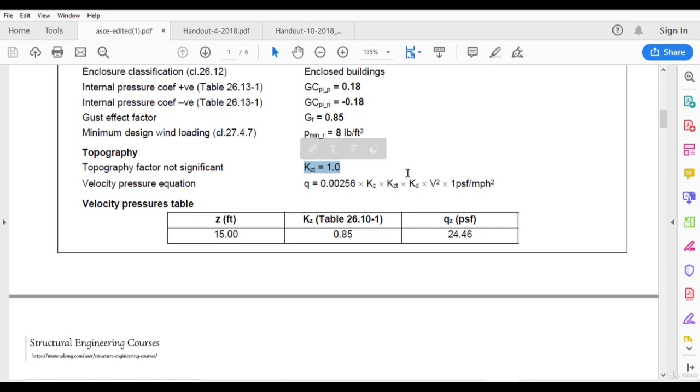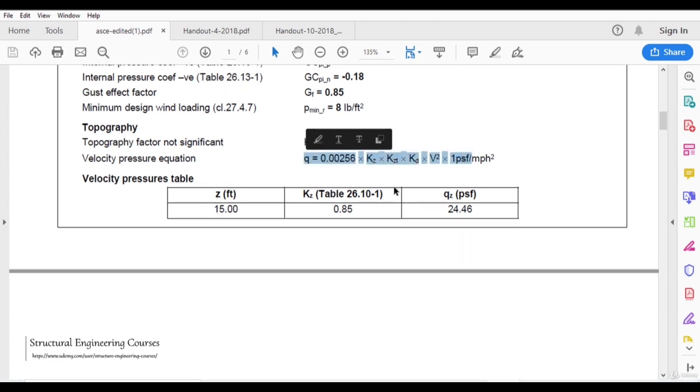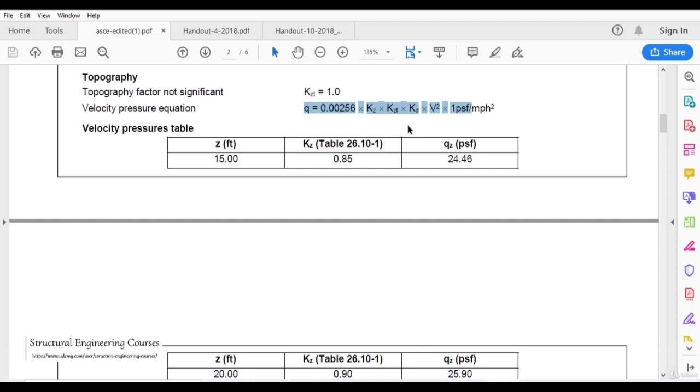And as discussed in the previous lecture, this formula is different for US units and different for SI units. This value is 0.613 for SI and 0.00256 for US units. So this formula you do need to remember, and if you practice, obviously you can easily remember all these things.